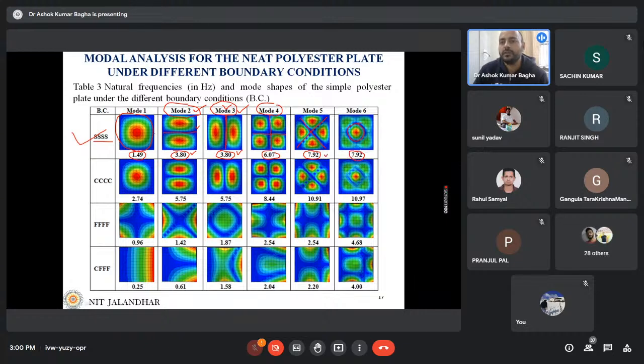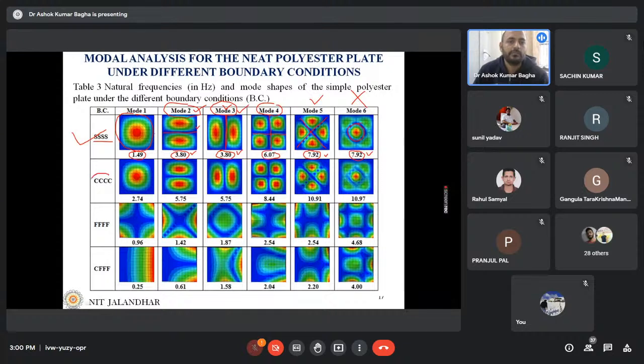These two frequencies are absolutely the same. So which frequency is correct? When you perform the experiment according to the particular mode shape, you can say that this frequency is correct and that mode shape is incorrect. So you can choose by doing the experimental study.